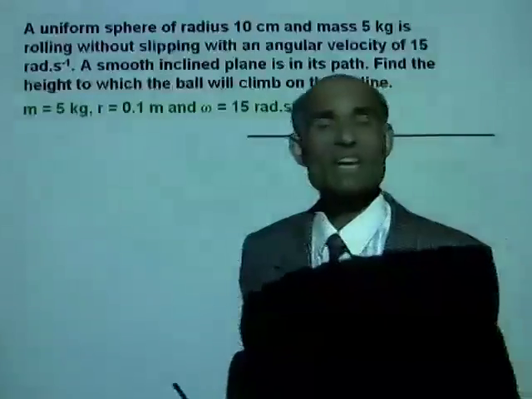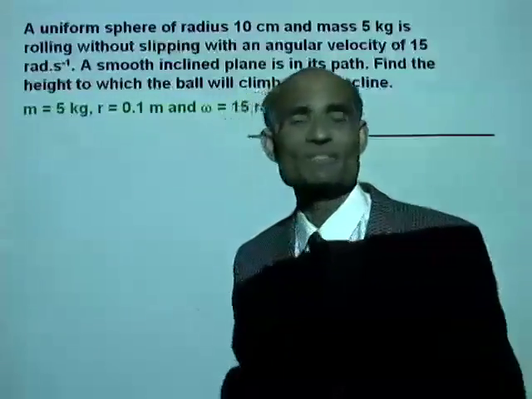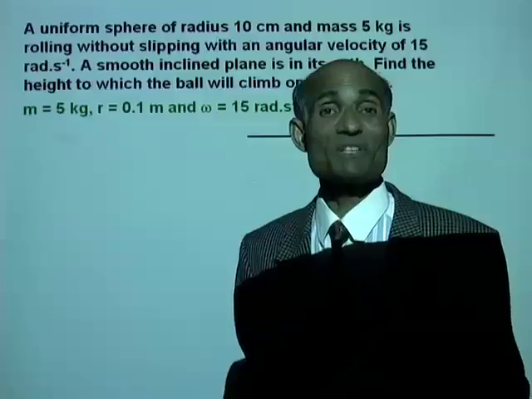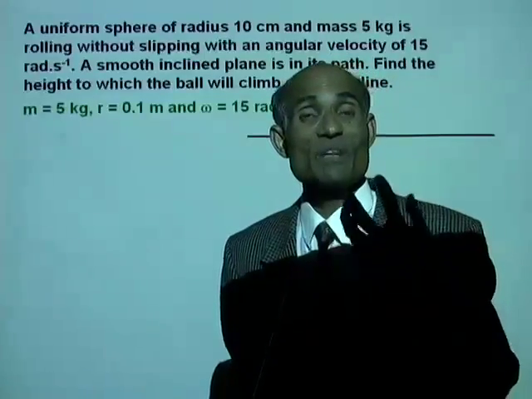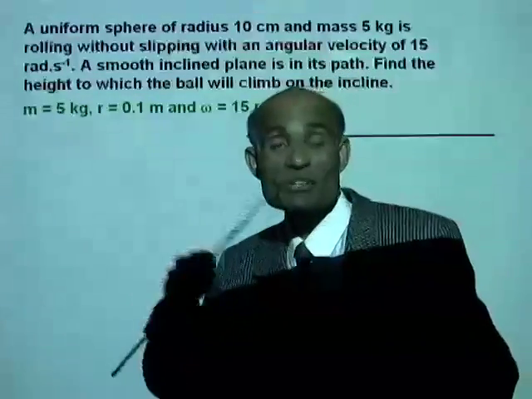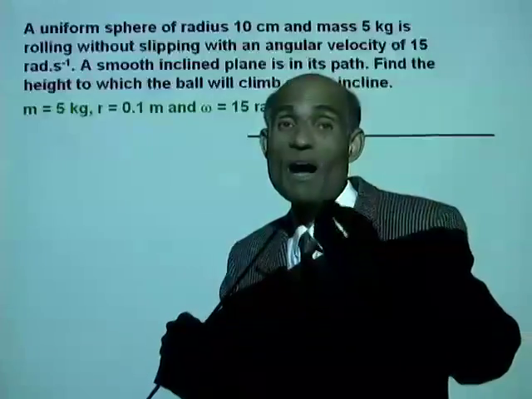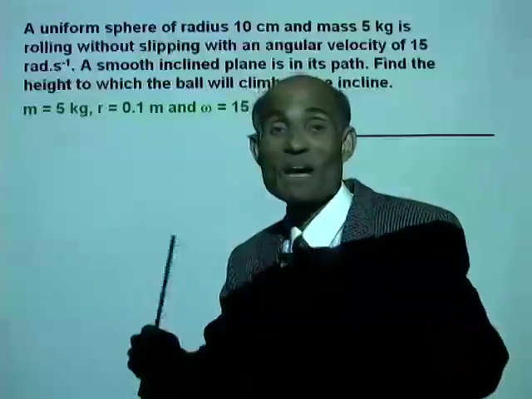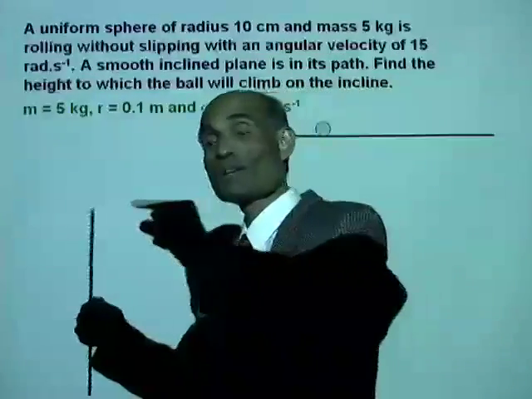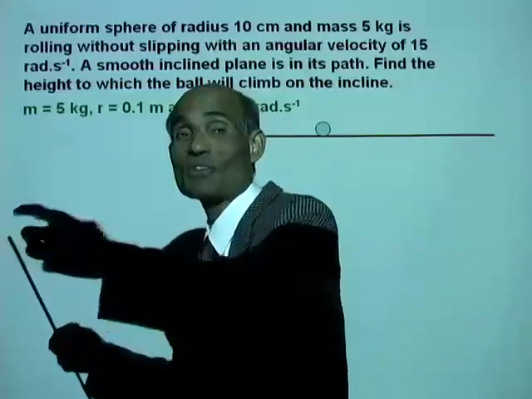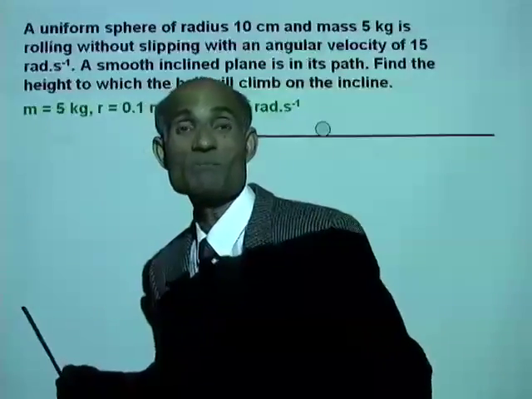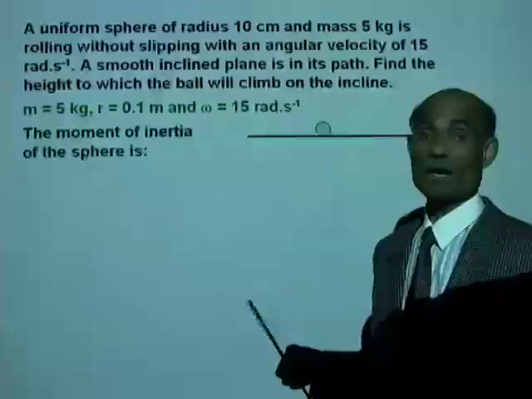What is the kinetic energy of a rolling object? The kinetic energy of a rolling object is the kinetic energy of rotation, which is 1/2 I omega squared, plus the kinetic energy of the linear motion of the center of mass, 1/2 m v center of mass squared.